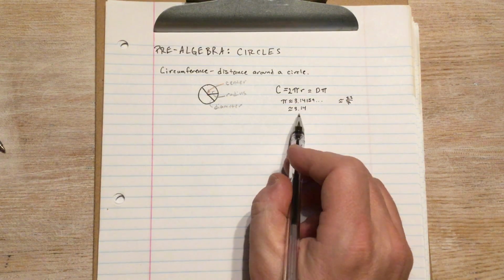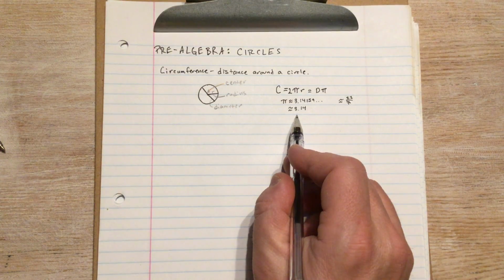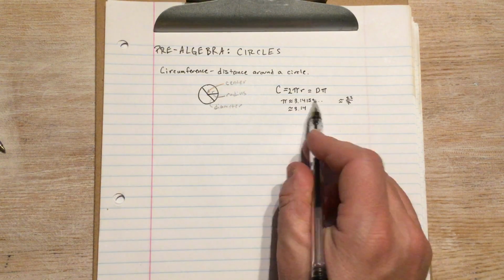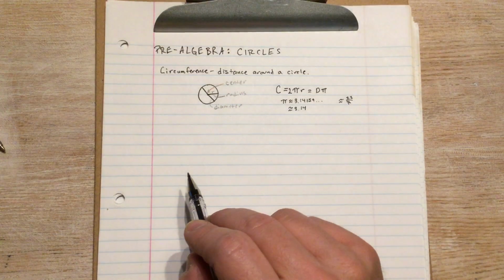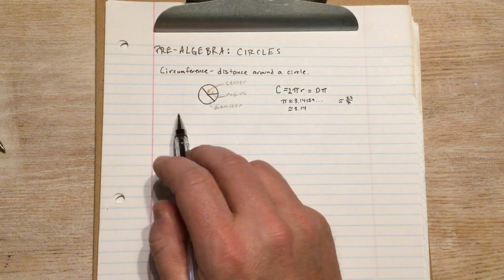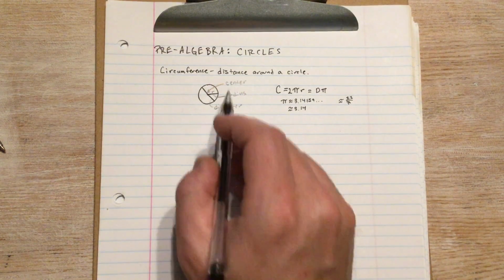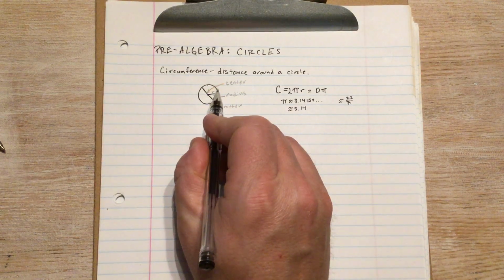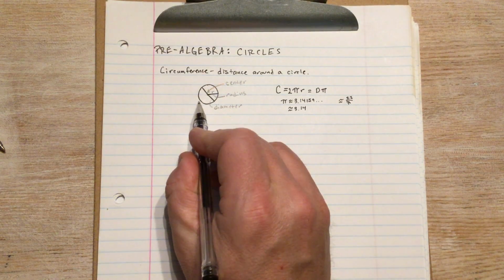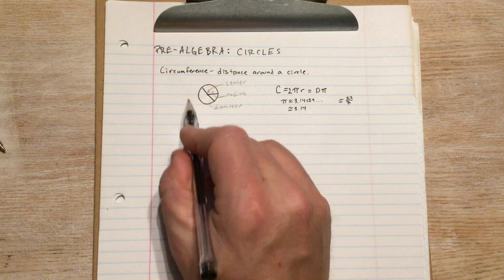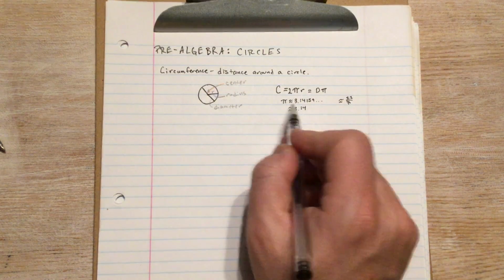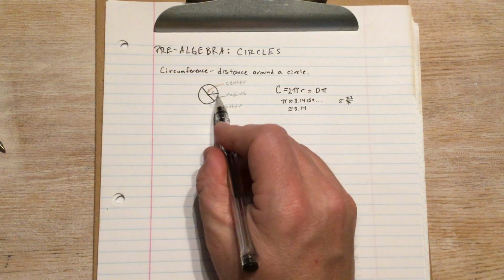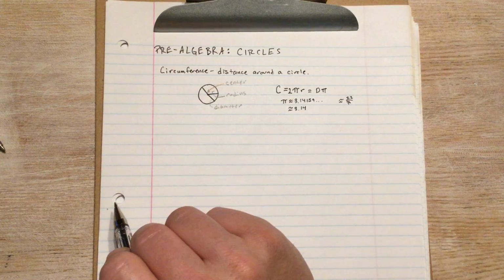Often your calculations will use this. If you're able to use a calculator, you'll be able to go enough decimal places that you won't have to worry about rounding a whole lot. How this is calculated, again, we start at a point and we wrap the diameter around the circle, and it ends up going exactly pi times around the circle.